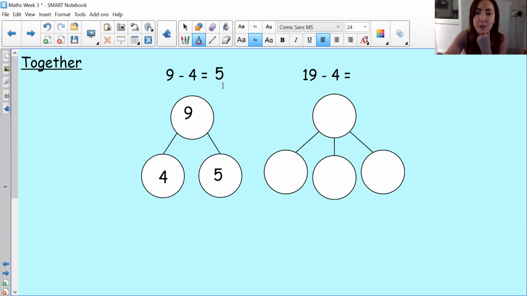And now that we know 9 take away 4 equals 5, you might have already been able to work out what you think 19 take away 4 will be. Let's just have a look and see if you're right. So 19 take away 4, what is the whole number? That's right, it's 19.